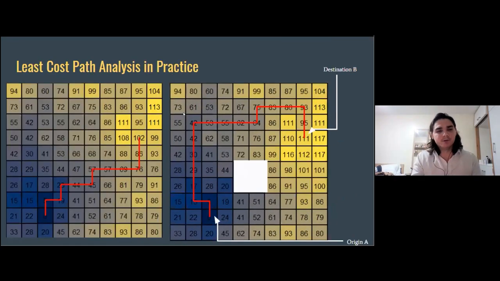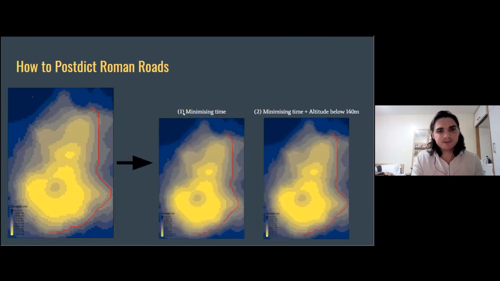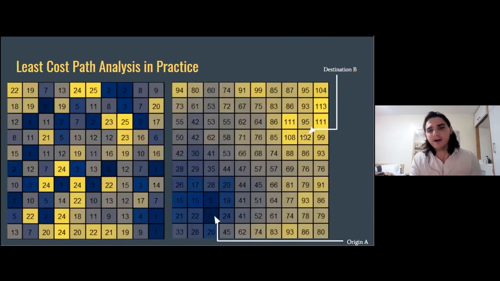Yes. I'm just trying to find an example that might show it. But no, the answer is yes. If you imagine we had 4 different variables, and this is actually done, for example, if you work on a nature park and you're trying to create a route.